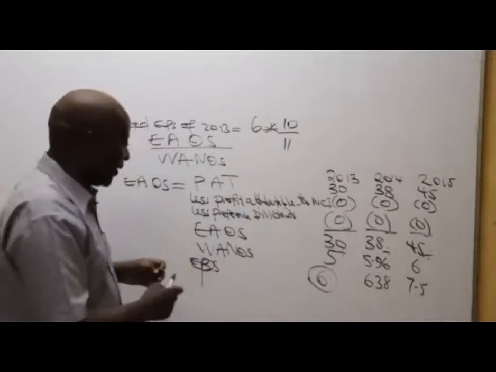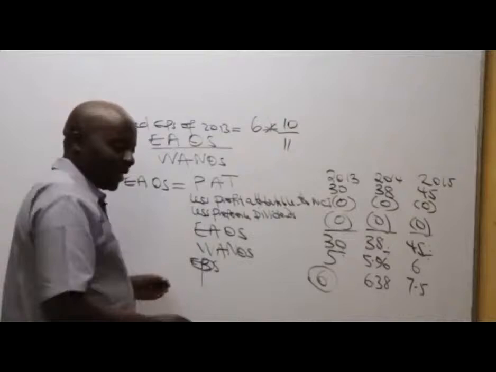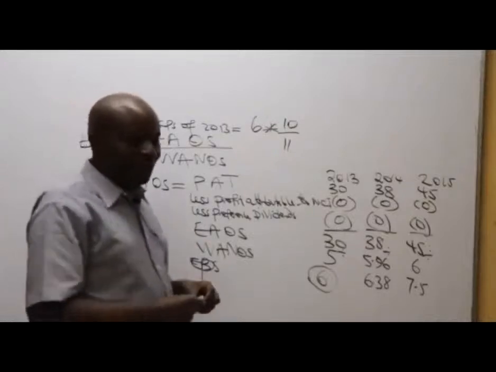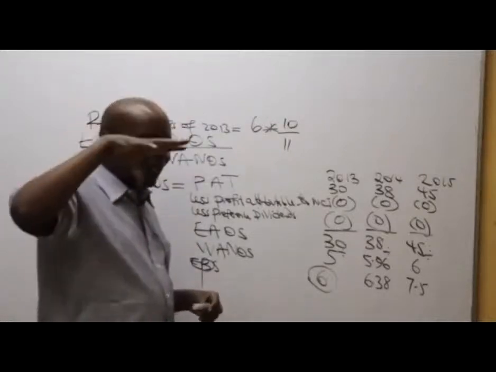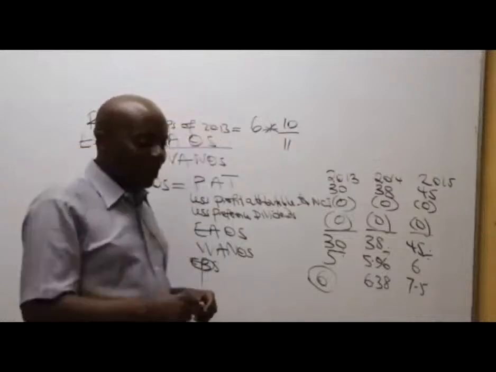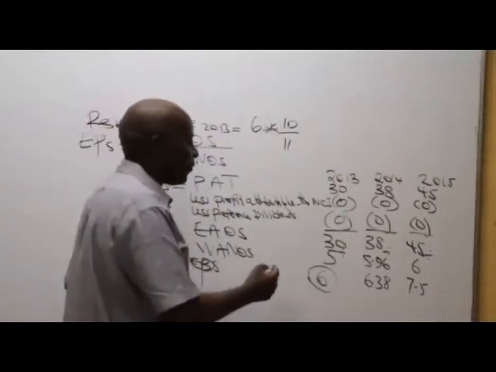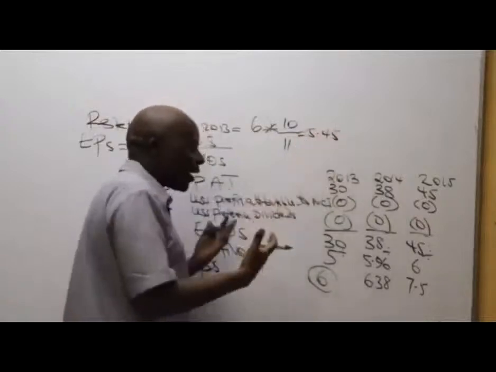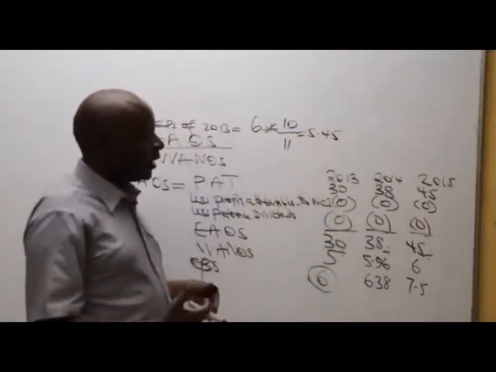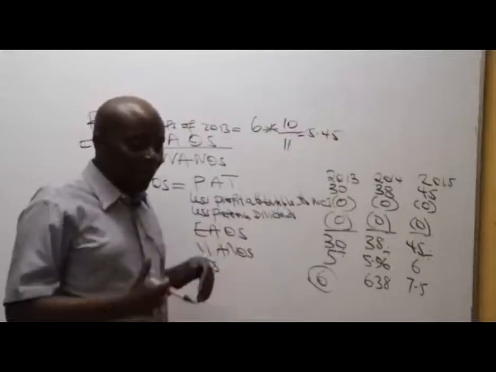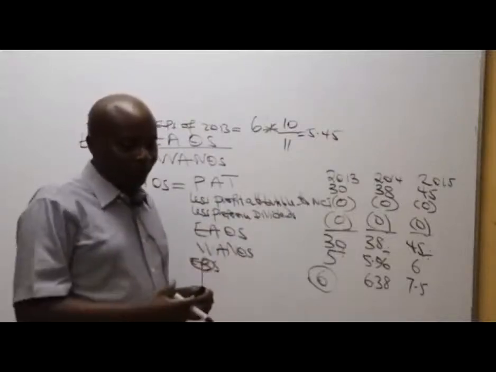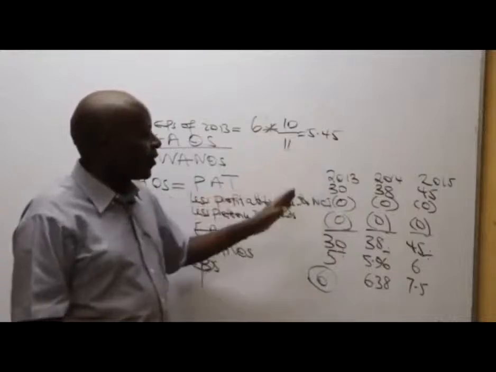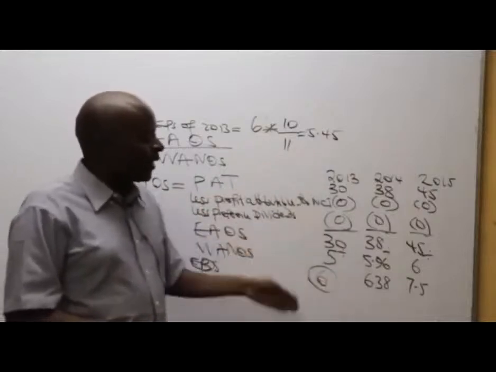So for the restated comparative EPS, remember the bonus fraction was 11/10, and here we have to do the opposite. So it is 5.45. The restated figure becomes 5.45, which confirms that there is a very high growth rate, because from 5.45 we went to 6.38, then to 7.5.